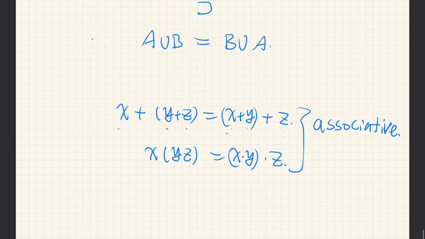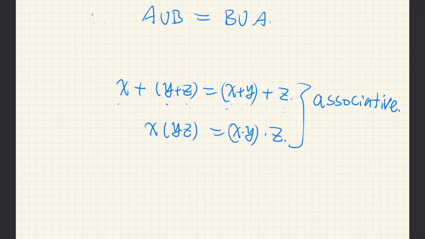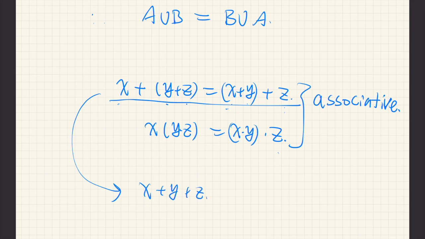By the way, the same convention also applies to addition and multiplication of numbers. Because of this property, we just write x plus y plus z without any parentheses. Or for this, we just write x times y times z without any parentheses, because these are the same thing. And that simplifies some notations as long as there's no confusion.